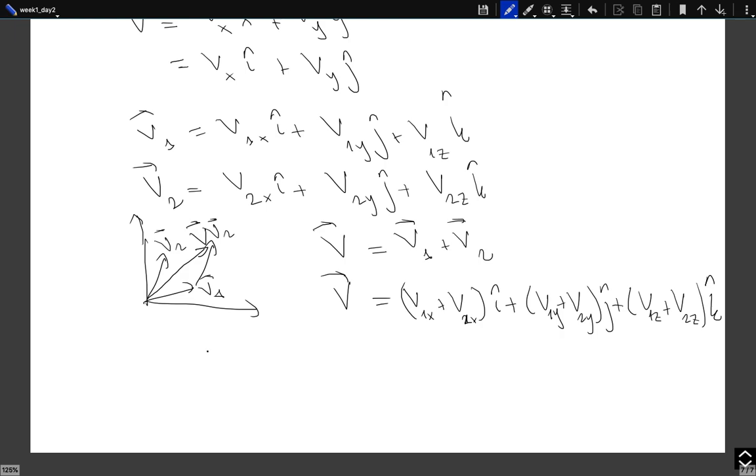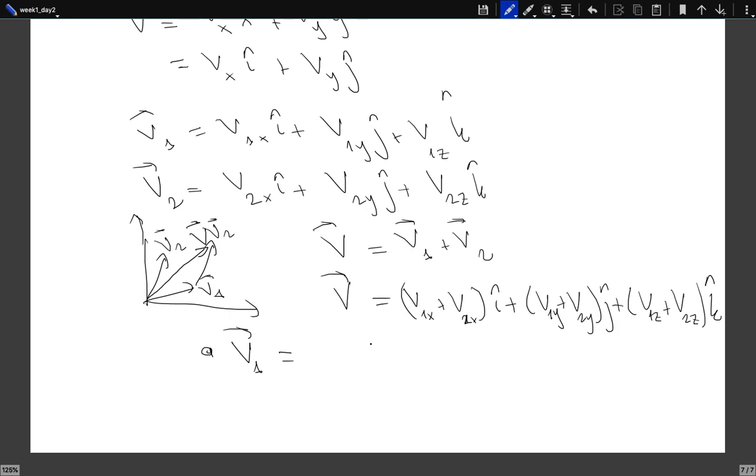And if you want to multiply one of the vectors by a number, geometrically, you see, a vector is a magnitude and a direction. So if you know the magnitude and the direction of a vector, you know the vector.